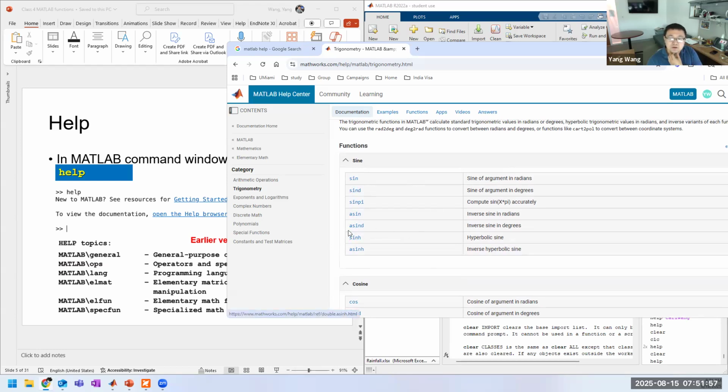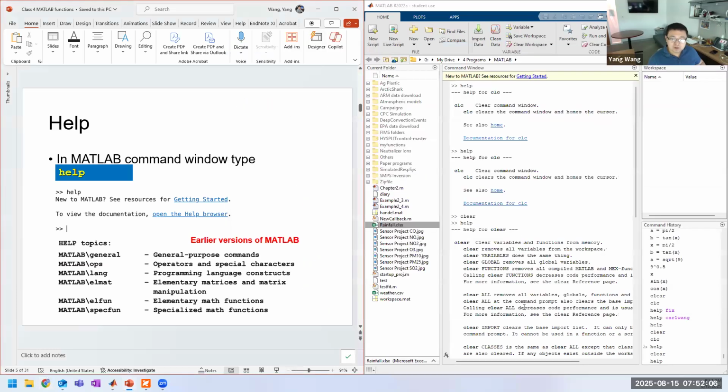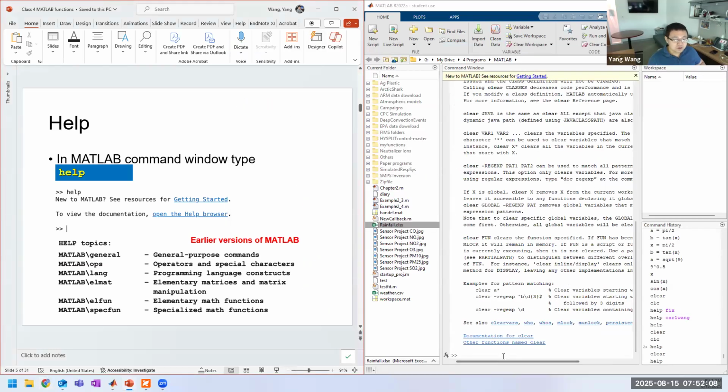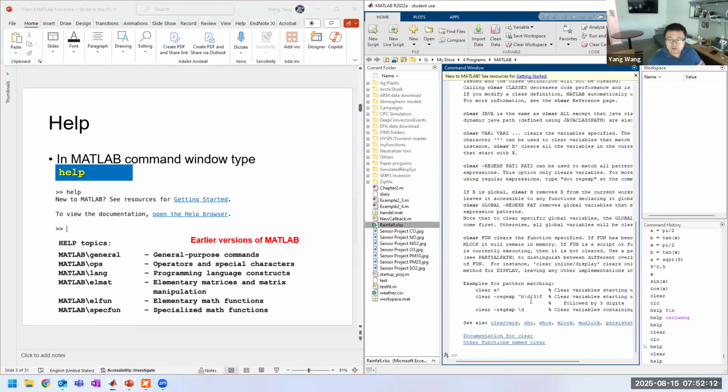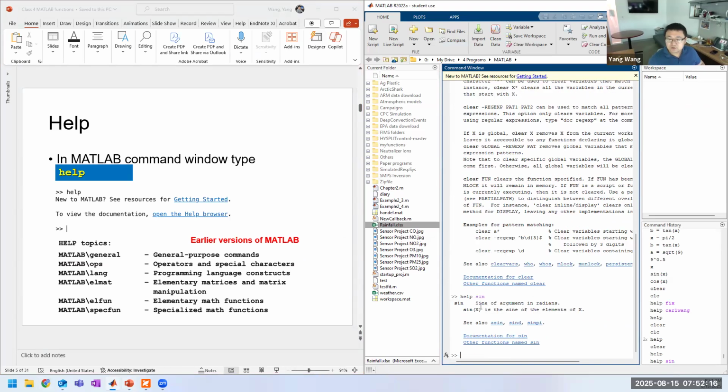There is also the arc sine function, which is the inverse sine function. We'll talk about that later on too. So basically, if you don't know what a certain function does, you can always go to MATLAB and use the help function, right? So you can do help sine. It's going to give you the basic introduction of this function.